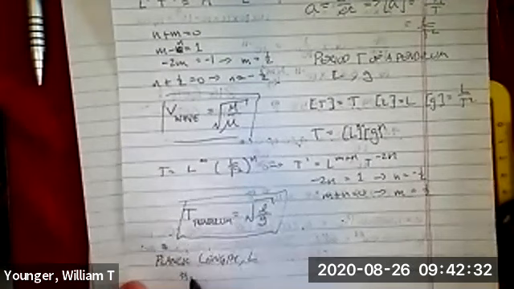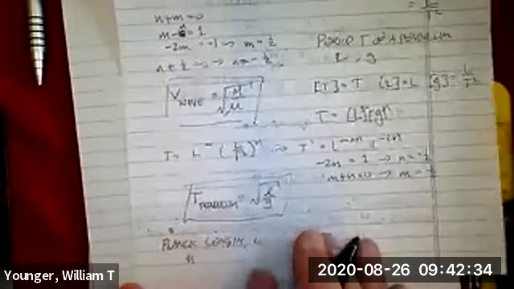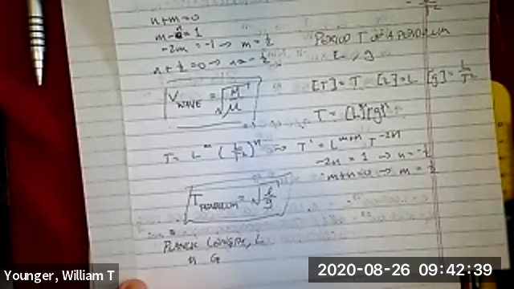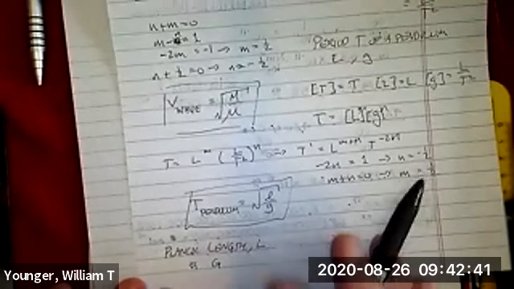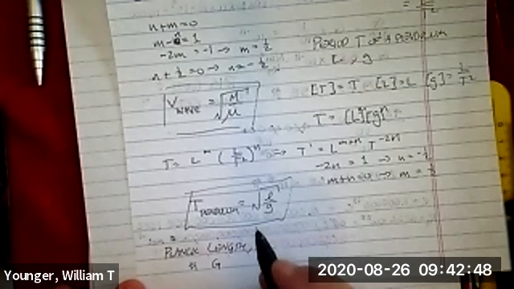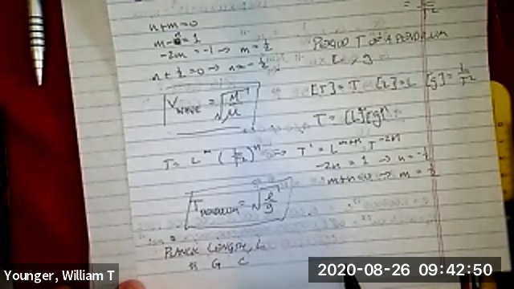You can look up the units of h, and that'll work out fine. It's also dependent on the gravitational constant, G, which we introduced earlier, 6.67 times 10 to the negative 11th newton meter squared per kilogram squared. And it's also related to c, the speed of light.